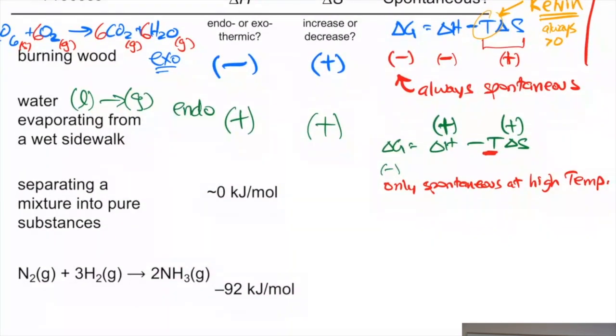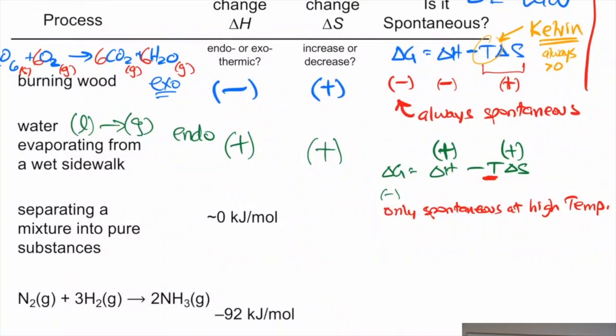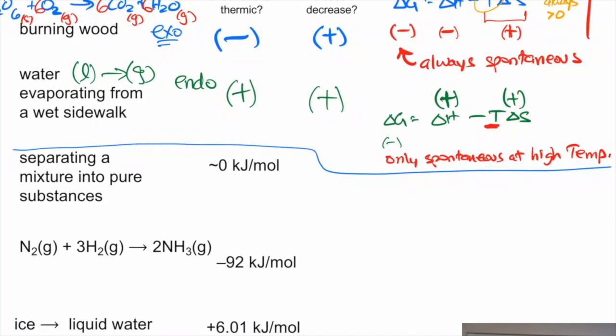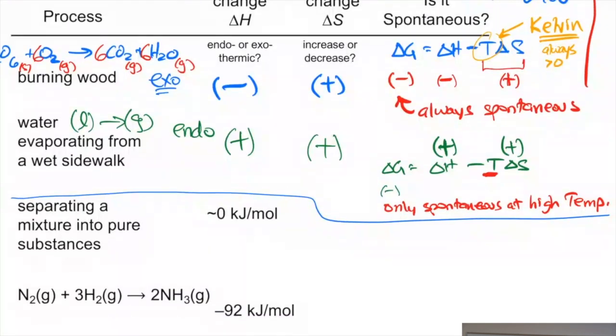Okay, so in some cases, it's always spontaneous. In other cases, it depends on the temperature. Let's see, when we separate a mixture into pure substances, and let's say in this case, I'm telling you, delta H is 0.